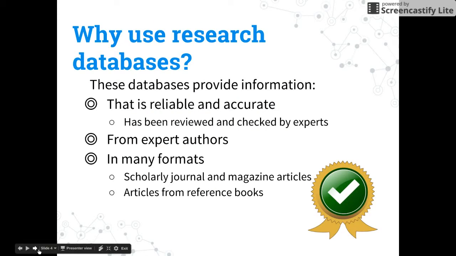So why is it important to use research databases when we're looking for information? We need good quality, trustworthy information to learn about our topic, to make sure we get our facts straight. You may have heard about the problem of fake news a lot lately. It can be really hard to know what sources to trust. Since anyone can publish information on the internet, results from a Google search may include incorrect information from unreliable sources and unqualified authors.